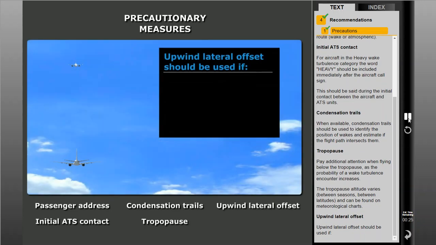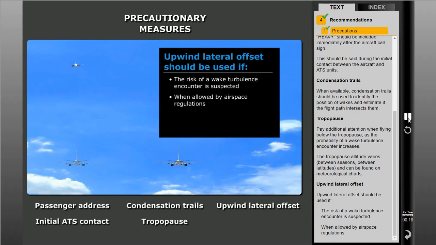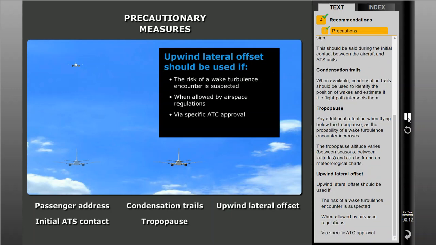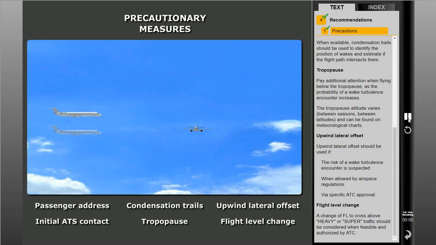Upwind lateral offset should be used if the risk of a wake turbulence encounter is suspected, when allowed by airspace regulations, and via specific ATC approval. A change of flight level to cross above heavy or super traffic should be considered when feasible and authorized by ATC.